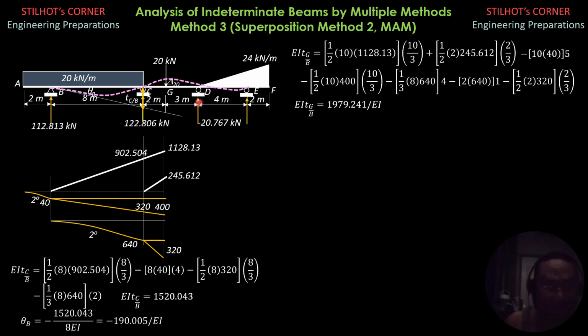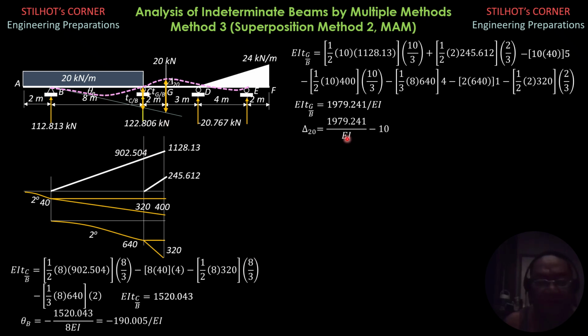So that's delta 20, and this is deviation of G relative to B. So obviously, delta 20 is positive, absolute value of deviation of G relative to B minus this vertical distance is 10 times theta B, absolute value of theta B.